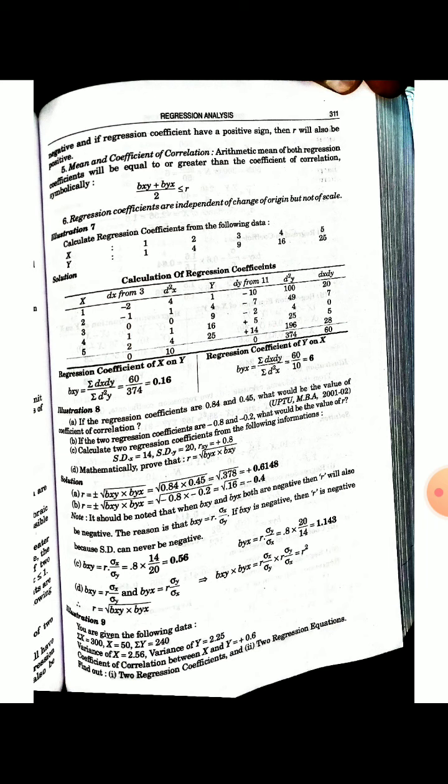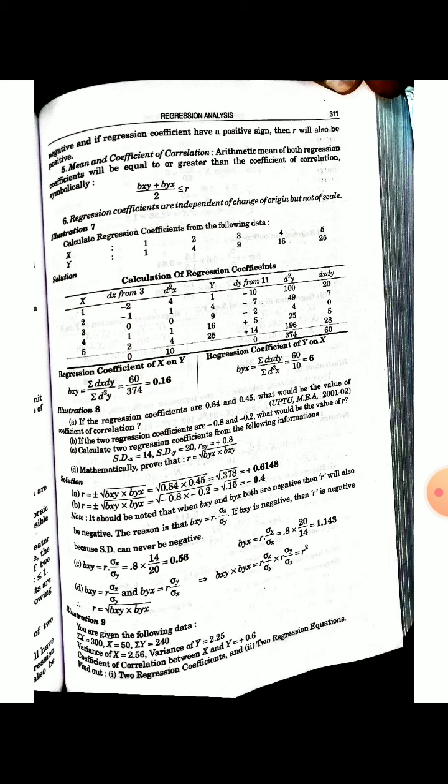Then dx from 3. 3 is the center value of x, so it is taken as the assumed mean. The deviations from 3 will be noted in a separate column, which is named dx from 3.